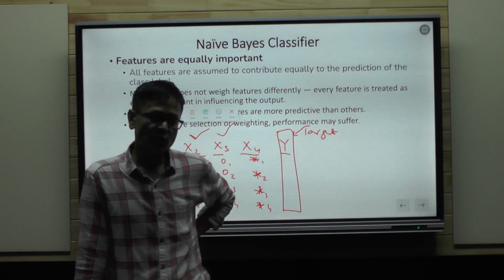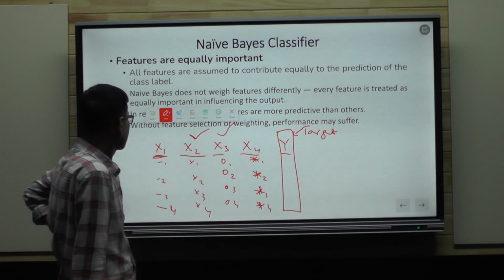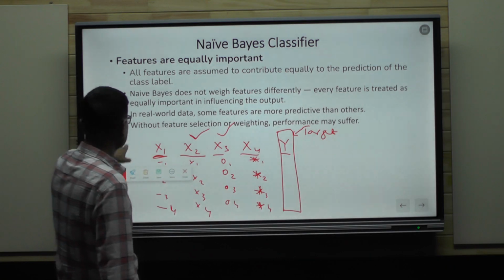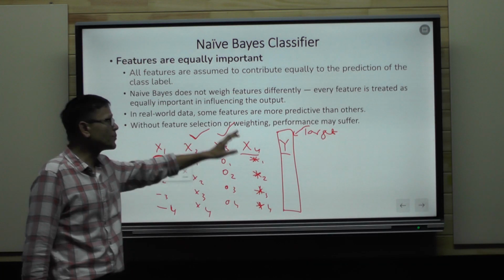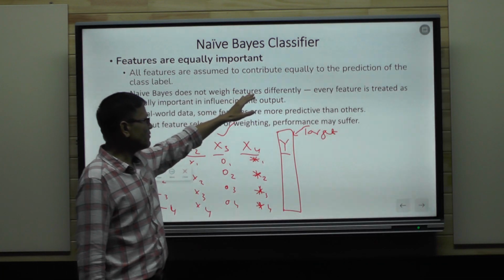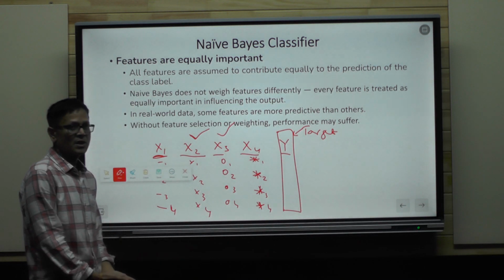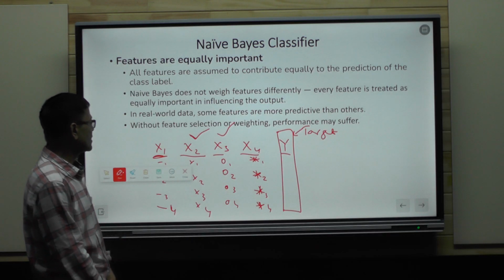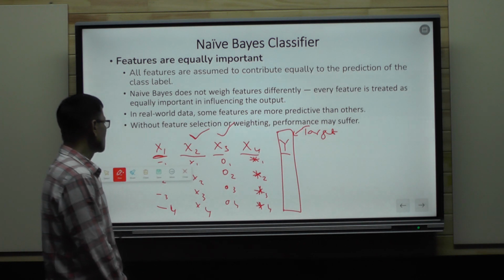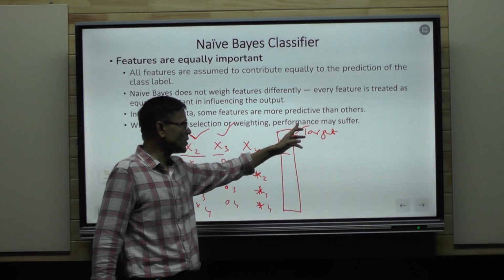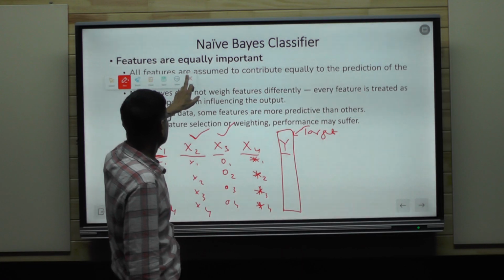So all features are assumed to contribute equally to the prediction of the class label, that is the output. Naive Bayes does not weigh features differently. Every feature is treated as equally important in influencing the output. In real world data, some features are more predictive than others. Without feature selection or weighing, the performance may suffer. That is one of the assumptions.